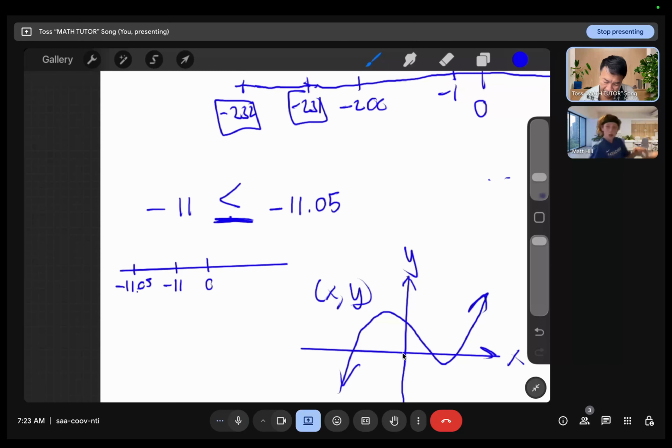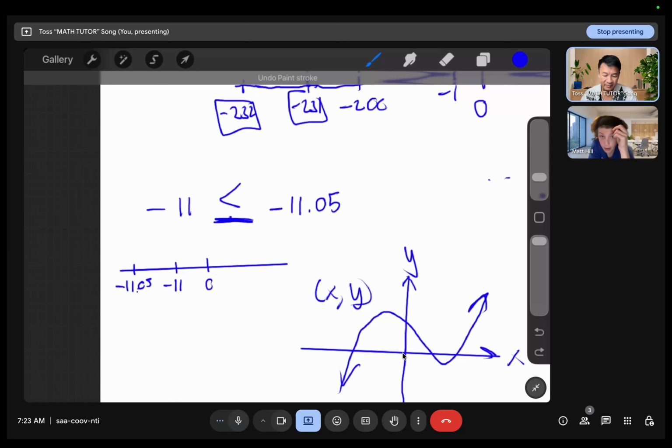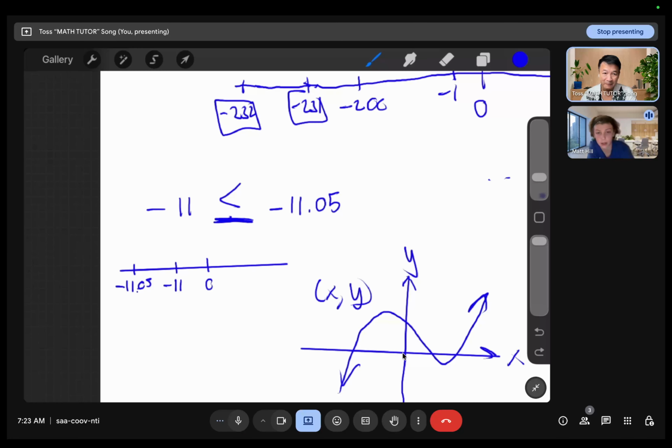But tell me, again, do you think this is correct? From left to right, is negative 11 less than negative 11.05? Is that true? Yes. Why? Because there's that 0.5.